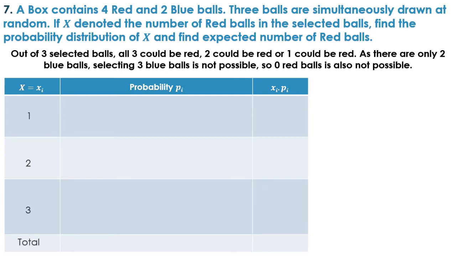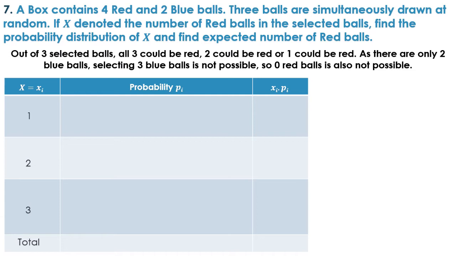Okay, now how to calculate this? I hope you remember the combination method from the probability chapter, or even from the 11th standard permutation, combination and binomial distribution chapter. Out of 4 red balls, we are selecting 1 red ball, and we have to select 3 balls in total, so the remaining 2 balls will be blue.